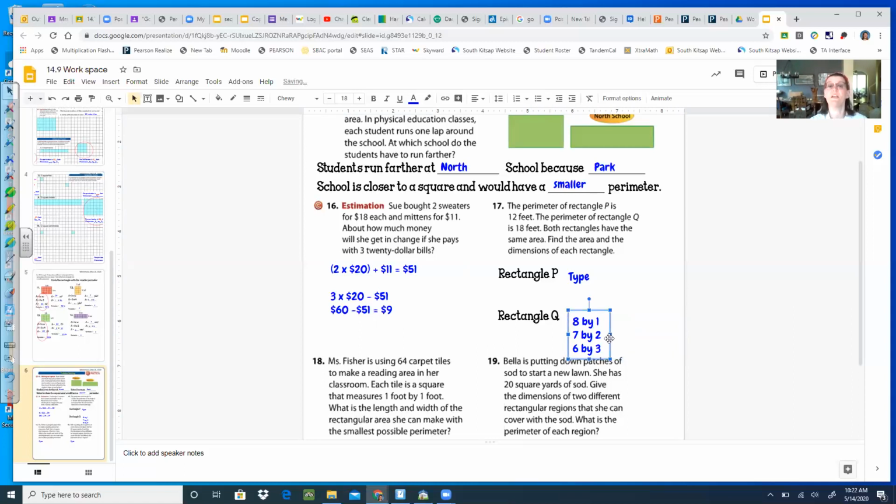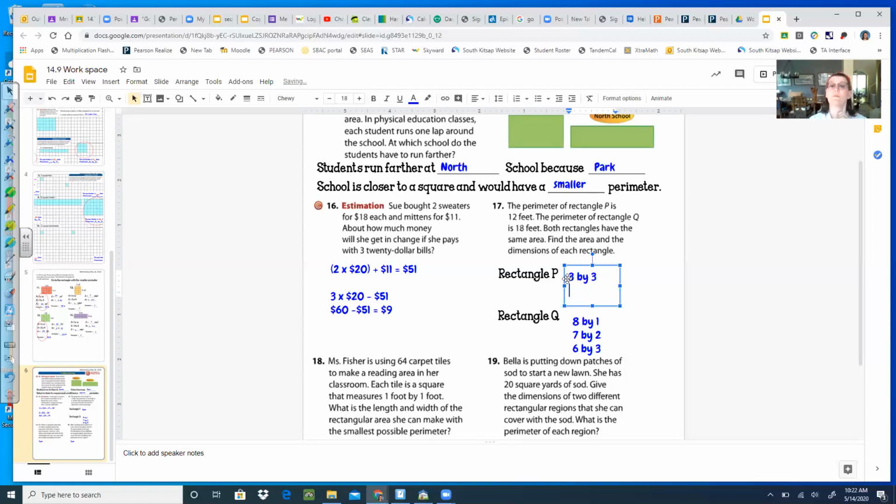Okay, now the other guy needs a perimeter of 12. So I need some things where half of it adds to 6. Okay, well, what's something that adds to 6? Well, how about a 3 by 3?